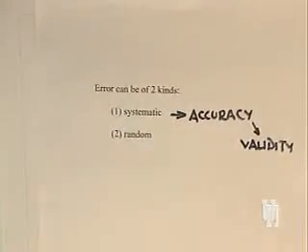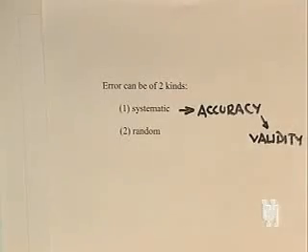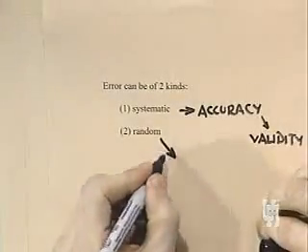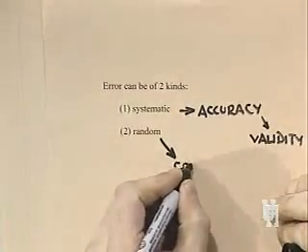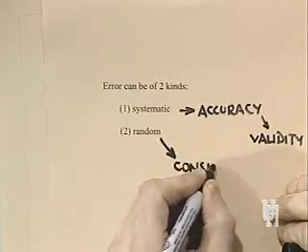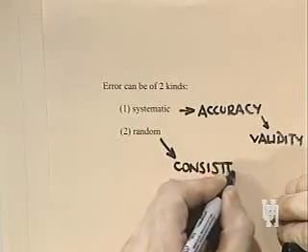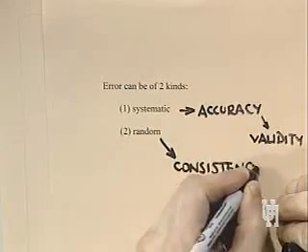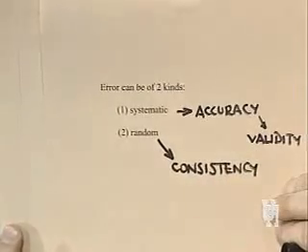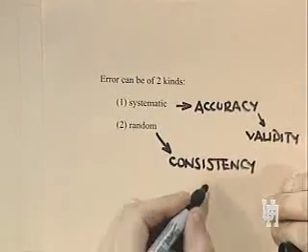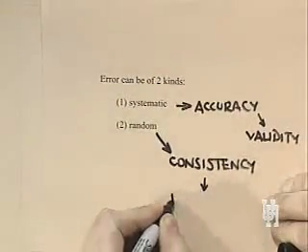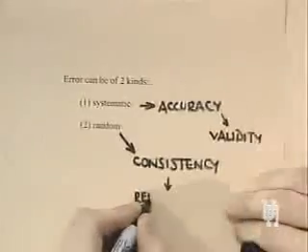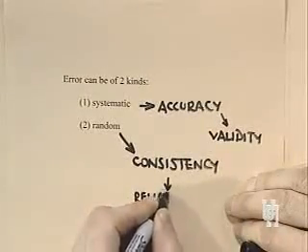So that random error affects the consistency of observed scores. And if you're talking about the consistency of observed scores, you're talking about issues of measurement reliability.